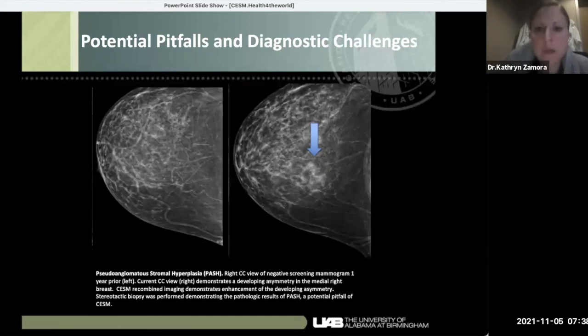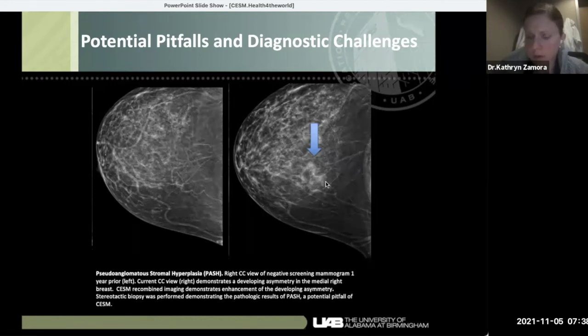Another pitfall in this case, this was a case where on the left, you can see her year prior. This is a right CC mammogram that was negative, and she came back for her annual screen the following year, and there was this new developing asymmetry here in the medial posterior breast.